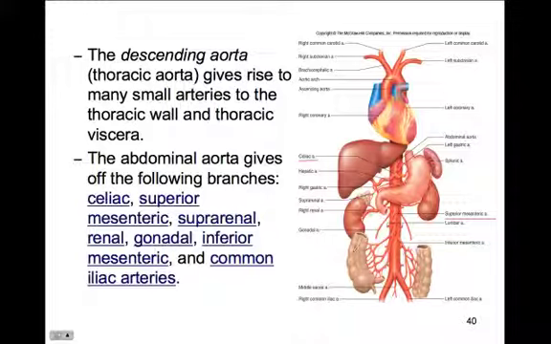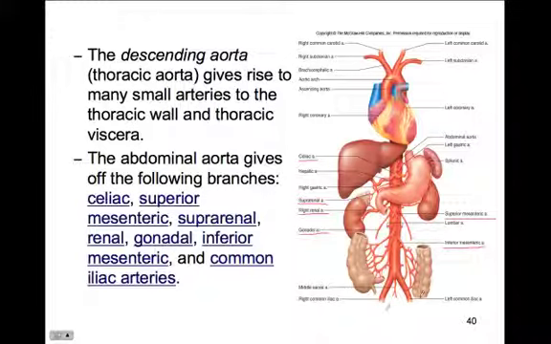We'll then see the suprarenal artery that supplies the adrenal glands. And then we'll see the renal artery that supplies the kidneys. We'll also see the gonadal artery, which supplies the ovaries or testes. Next, the inferior mesenteric artery. This supplies some of the large intestine.